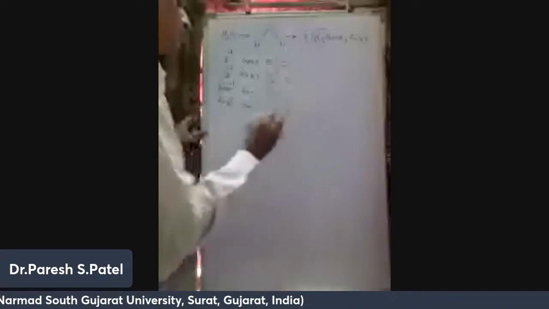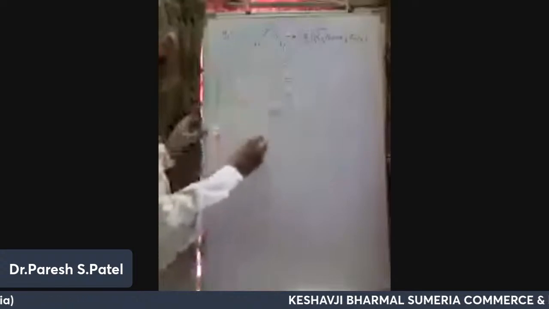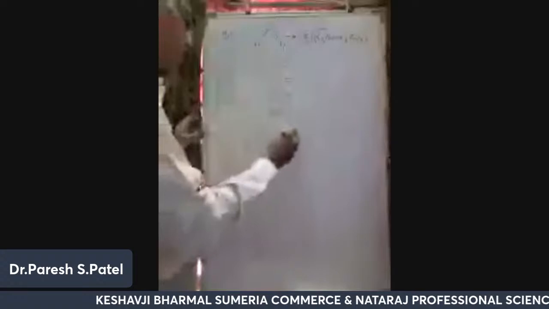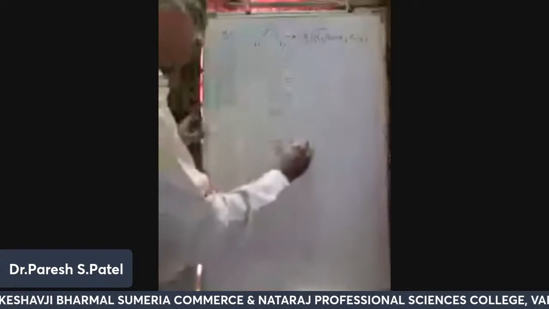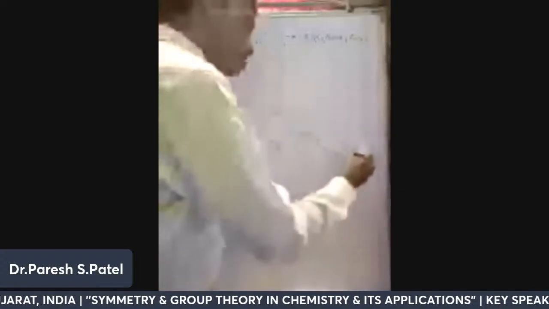In case of E inverse sigma V xz E, first of all, E inverse means there is no change in the position of the hydrogens. By operating sigma V xz in case of the water molecule, there is no change, H1, H2.